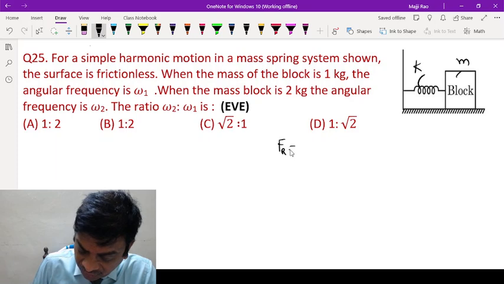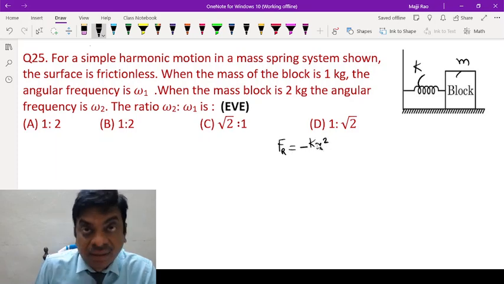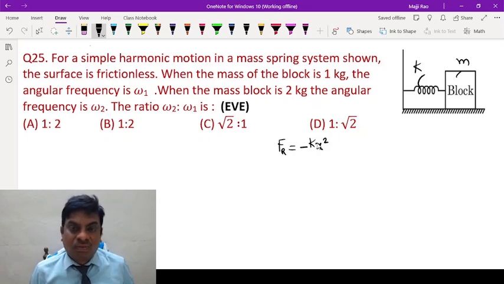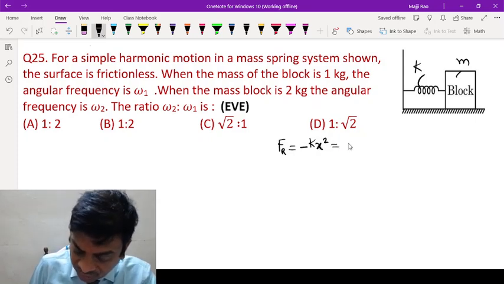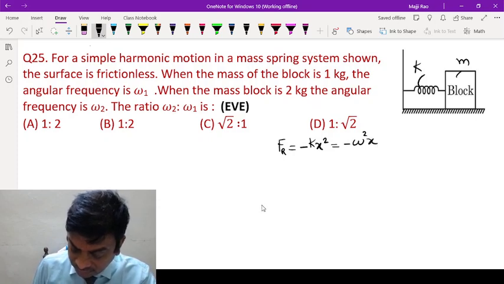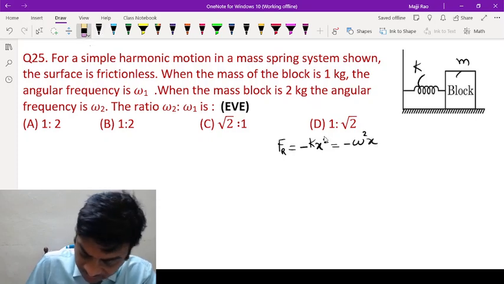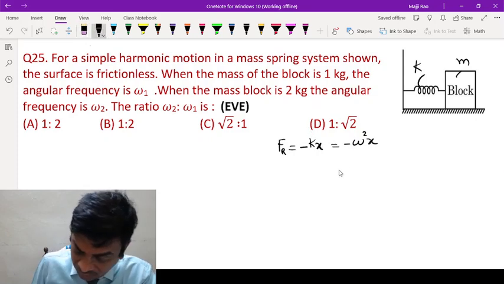restoring force acting on the block is minus kx, if x is the displacement of the block from the mean position, which is also equal to minus omega square x. Sorry, this is kx, I'm so sorry.